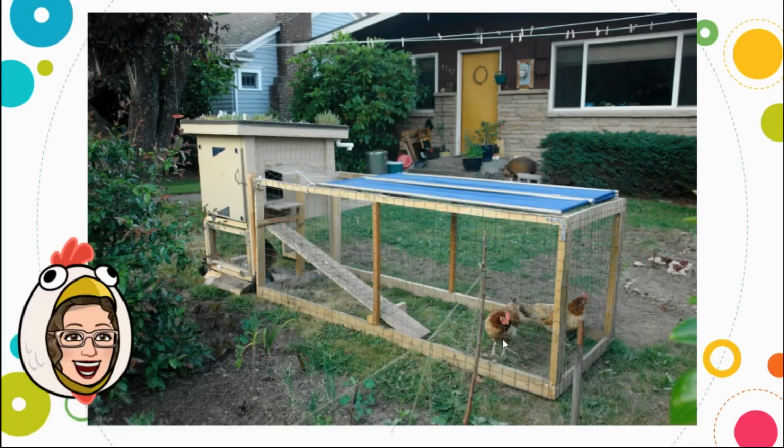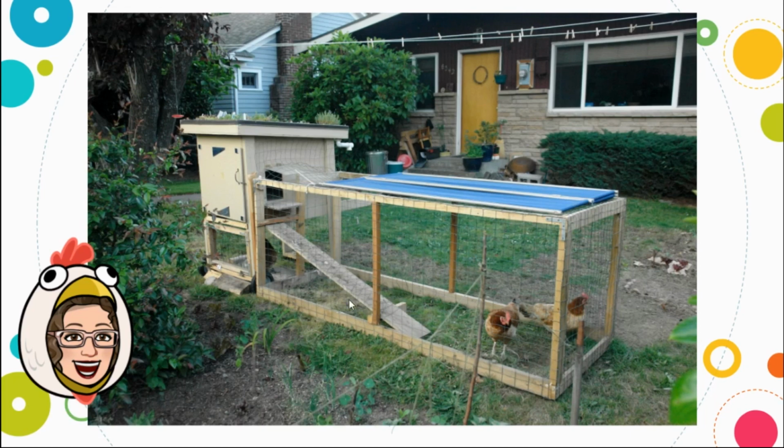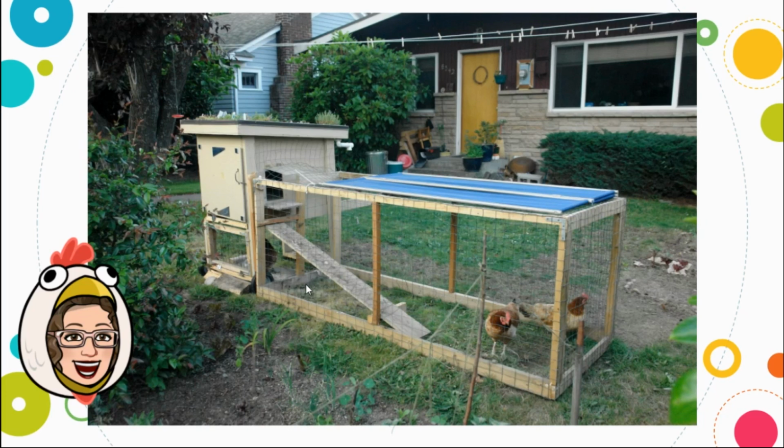Got another one here, a different kind of chicken coop, still a chicken coop. So look at the surface area of the ground right there. It's their floor, of course, but look at that surface area there. How much do you think that would be? We'd need the dimensions to know for sure, right? It looks to me like about 2 feet wide.